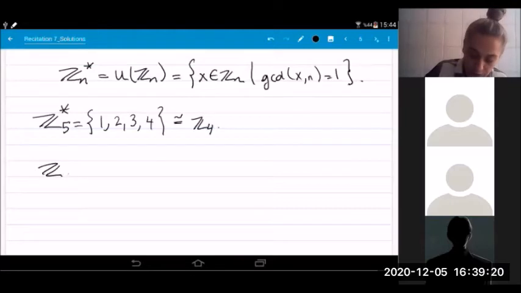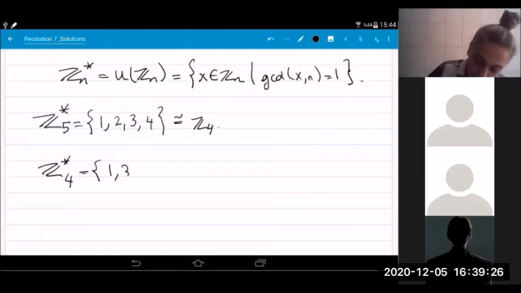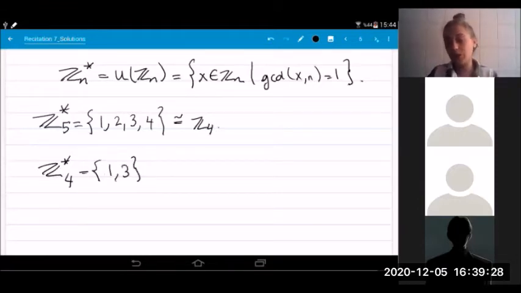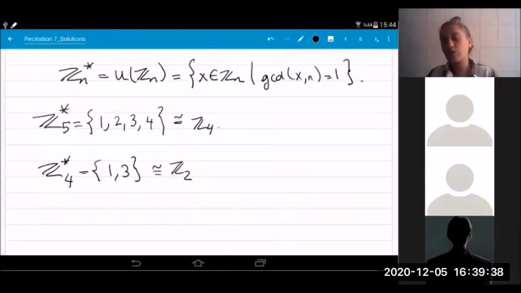But if you consider, for example, Z4, then this is not isomorphic to Z3, because we have only 2 elements, 1 and 3, which are relatively prime to 4, and this is isomorphic to Z2. But if you have a prime number as n, then this means that Zn star is isomorphic to Z(n-1). Okay? Tamam hocam, teşekkür ederim.